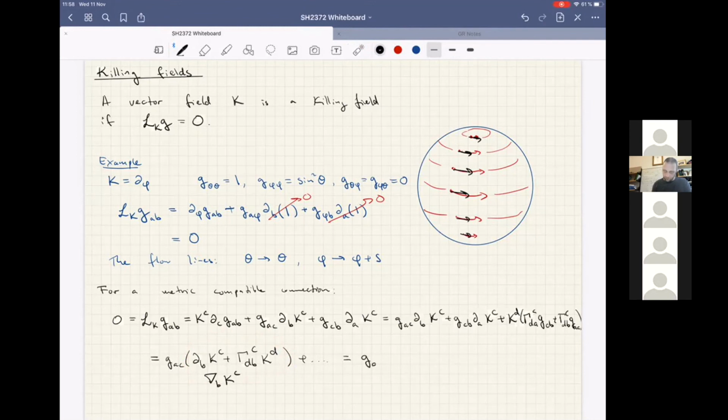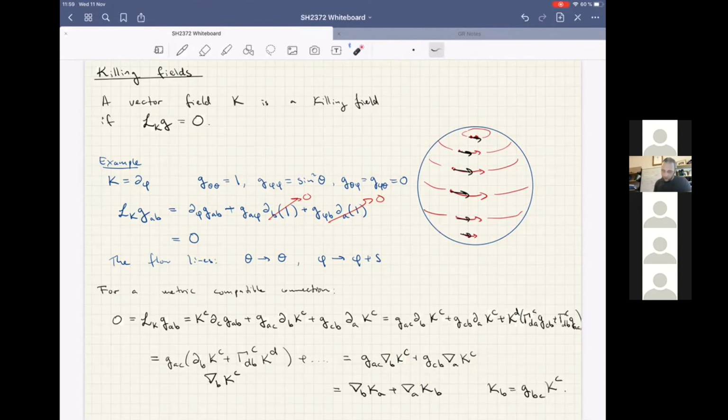So what I end up with is g_AC ∇_B K^C plus the similar thing for g_CB ∇_A K^C. But since we had a metric compatible connection, this metric can be moved inside the derivative in order to lower the C index, and the same thing here. So what we end up with is ∇_B K_A plus ∇_A K_B, where K_B is g_BC K^C.